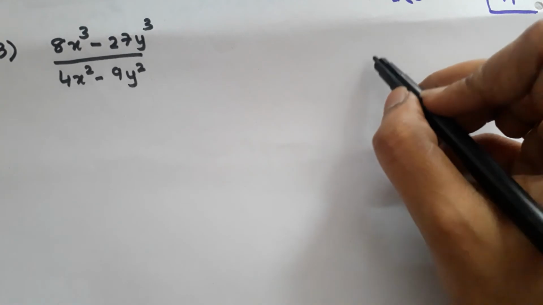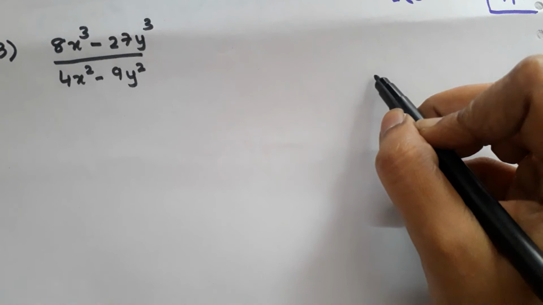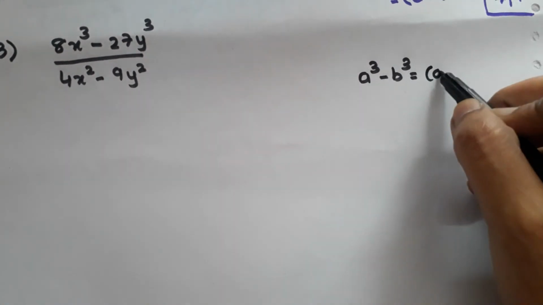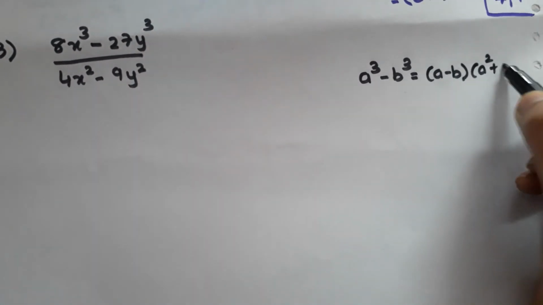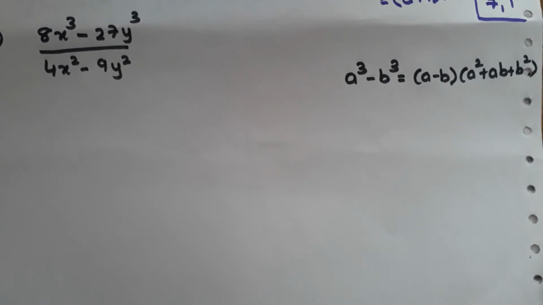For the numerator, whenever there is no middle term in the expression and the power of the variable in both the first and the second term is 3, always use the expansion formula a cube minus b cube, that is a minus b into a square plus ab plus b square.